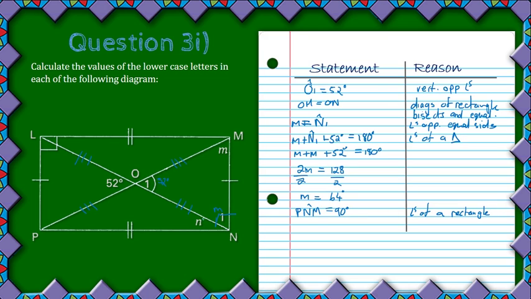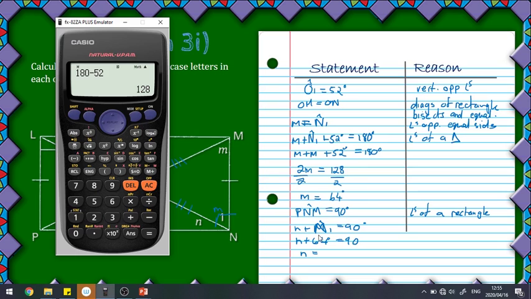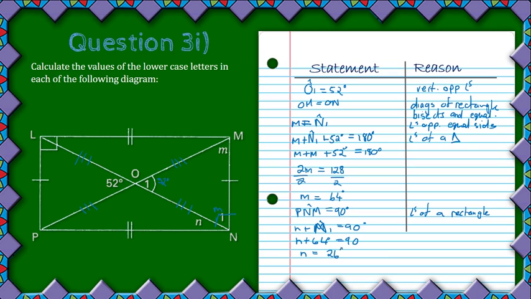And then we can say that N1 plus N is equal to 90. So that means that N plus 64, since N1 is equal to M, is equal to 90, and therefore N is equal to 90 minus 64. So 90 minus 64 gives us 26 degrees.